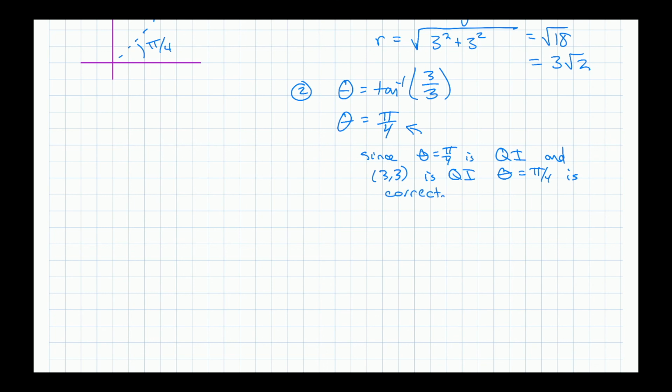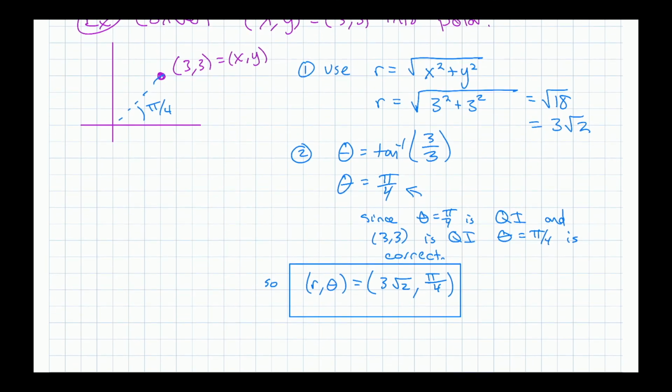I'm just doing a little bit of thinking there. So our r, theta is going to be: what's the r? 3 square root 2. What's our theta? Pi over 4. That is my answer. And of course, that makes sense.